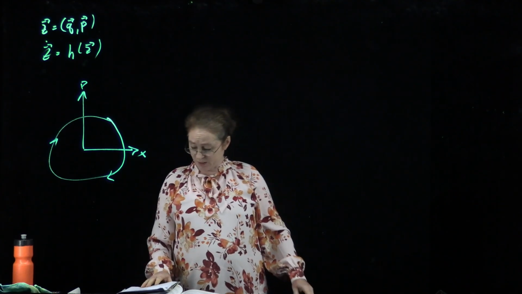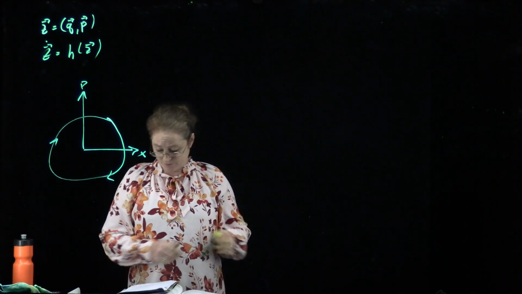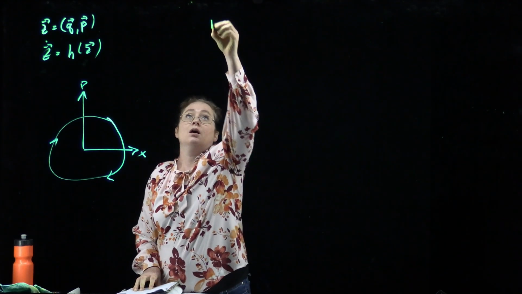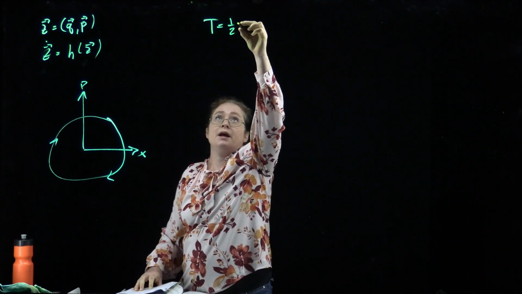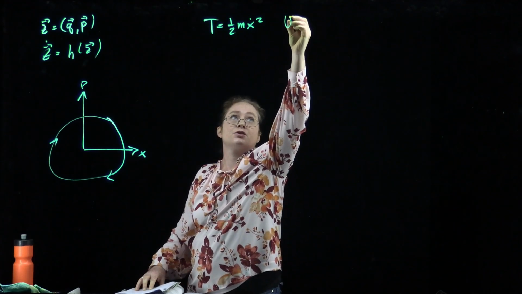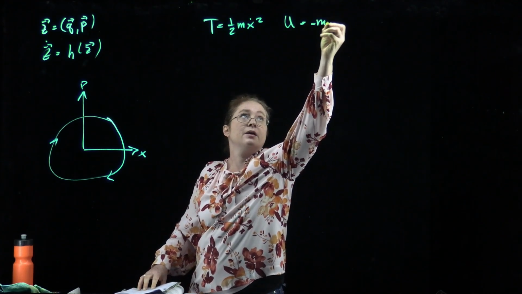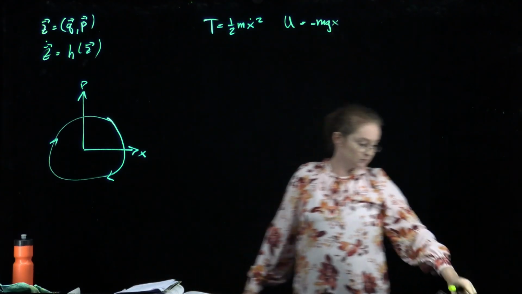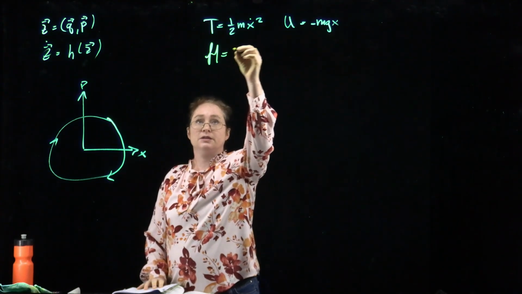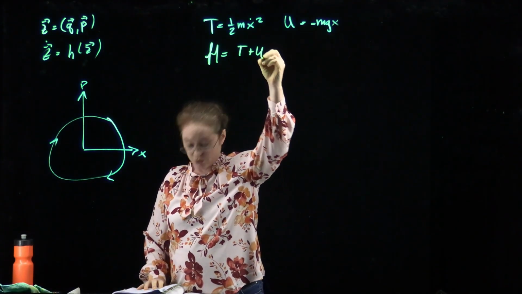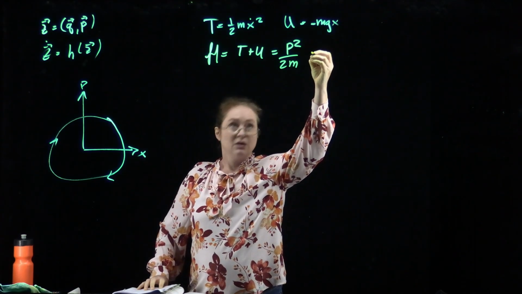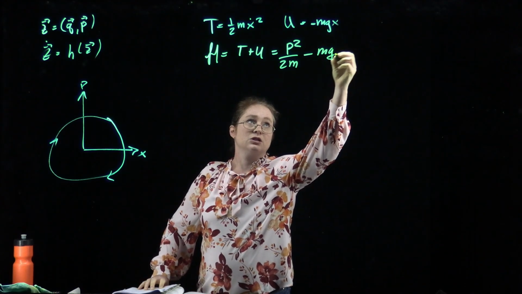All right, so then we can look at a falling body. This is example 13.6. Our kinetic energy is 1/2 m x dot squared. Our potential energy is negative mgx. So our Hamiltonian is T plus U, which is p squared over 2m minus mgx.